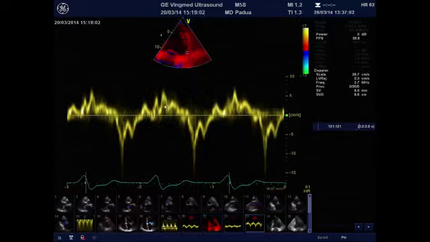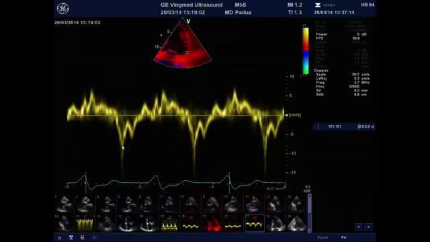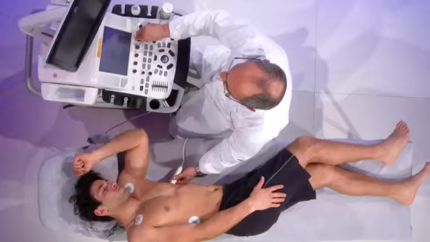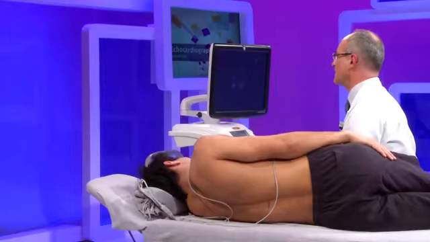And then you make the ratio between the E wave measured on the transmitral Doppler and the average of the E prime velocities taken at the septum and the lateral wall. Doing that, I will go on looking at the function of the left first and then the right ventricle.